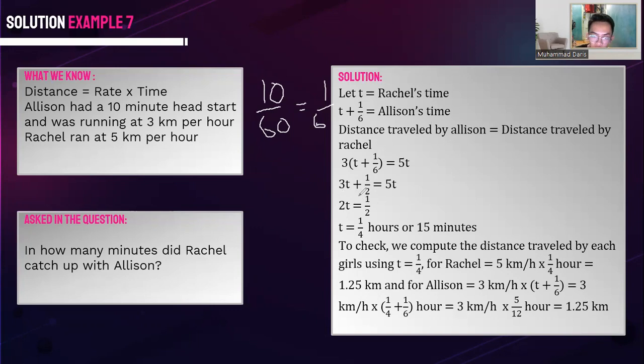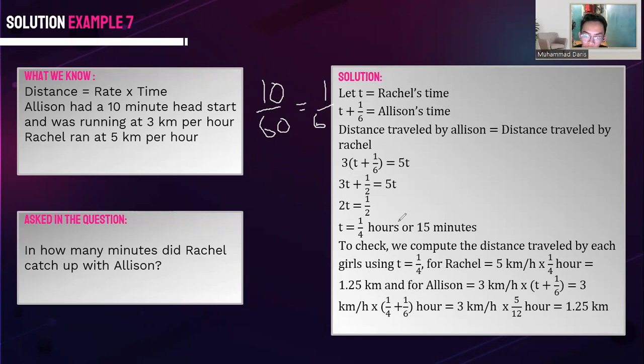First, we subtract 3T from both sides. It's equal to 2T. I'm sorry, 2T is equal to 1/2. And T is equal to 1/4 hour, or 15 minutes.